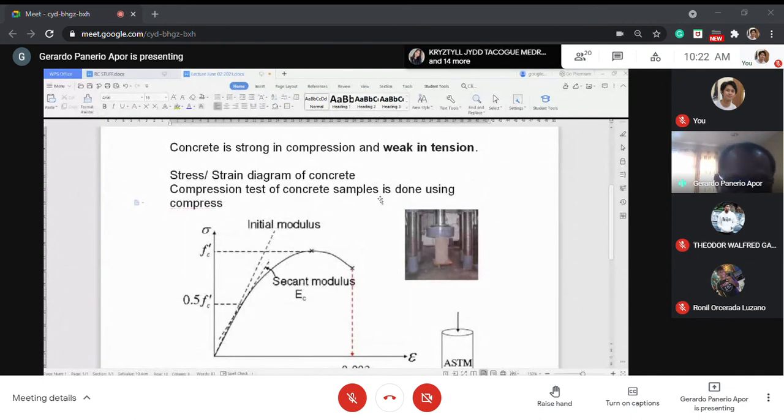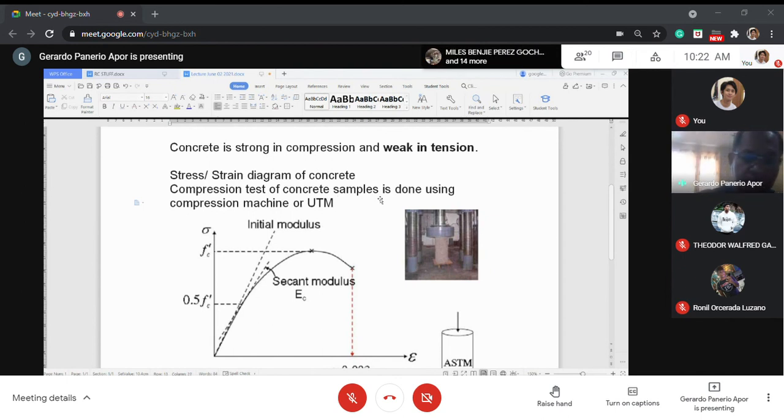In Xavier University, you have a compression machine and a universal testing machine, or UTM. Universal testing machine.